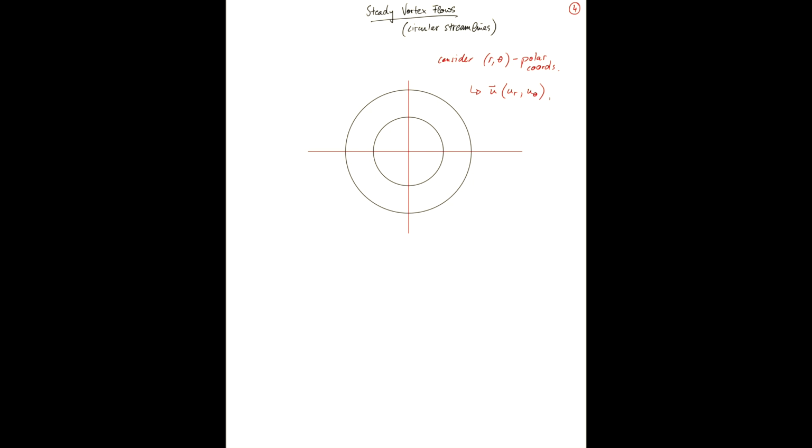As you can already see here, the streamlines are circular around a certain origin, so there is no radial component to your velocity field, and the velocity field is simply a function of theta, which does depend on how far from the origin you are potentially.